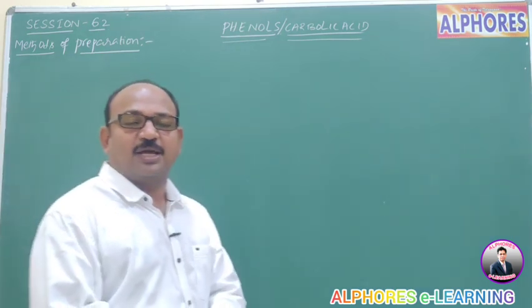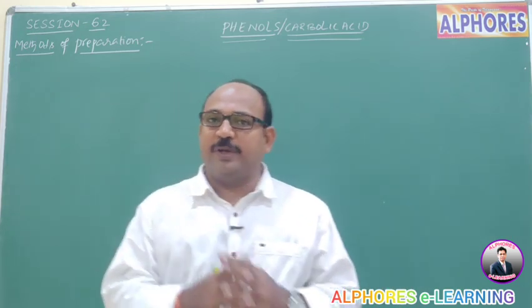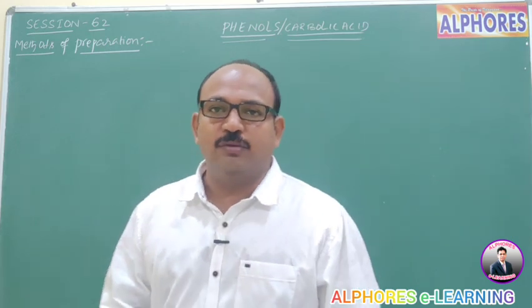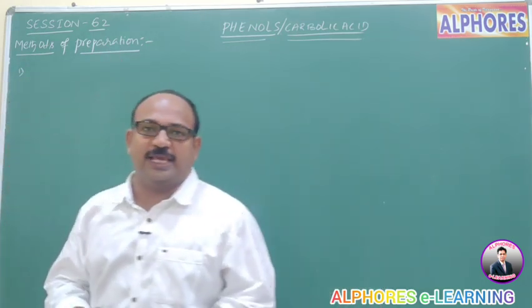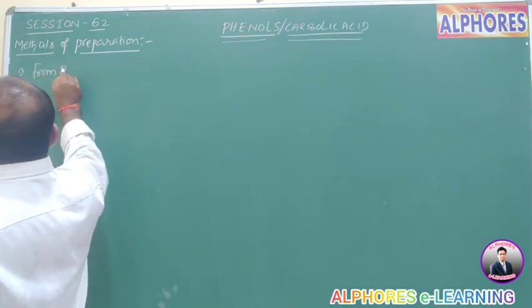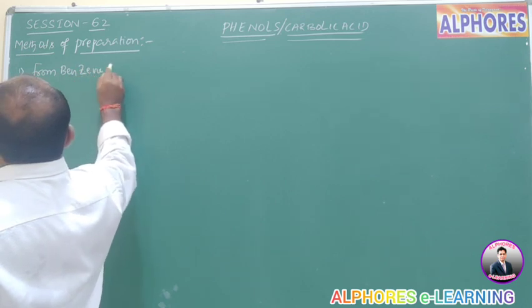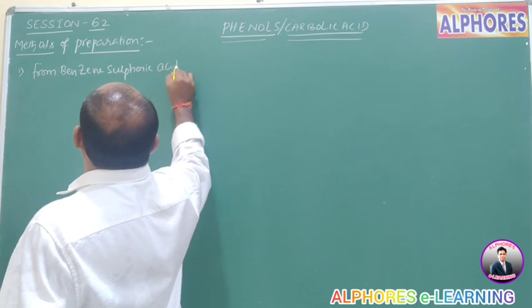Now let us see methods of preparation of phenols. In which method are we going to prepare phenol? Let us start from benzene sulfonic acid. From where are we getting benzene sulfonic acid?